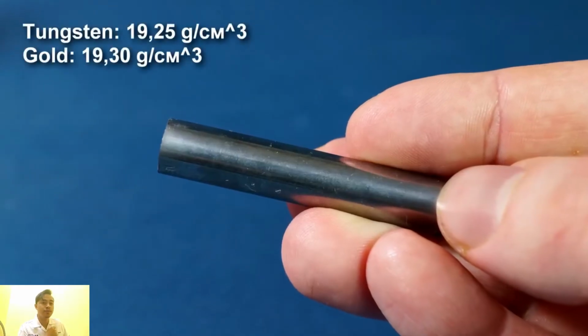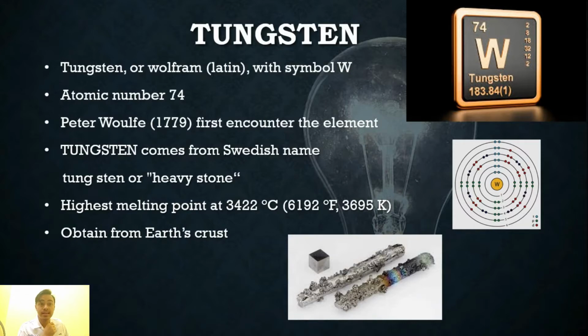And for your information, tungsten has a very high melting point, which is 3000, to be specific, 3422 degrees Celsius. This metal can be obtained from the Earth's crust. Tungsten is a very rare metal.